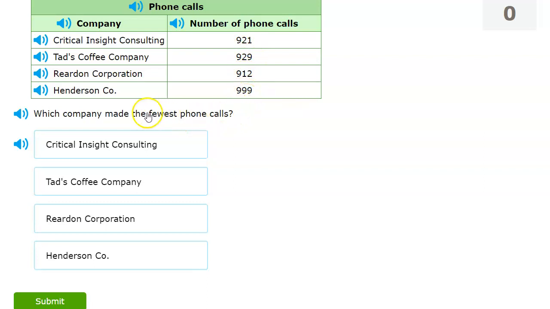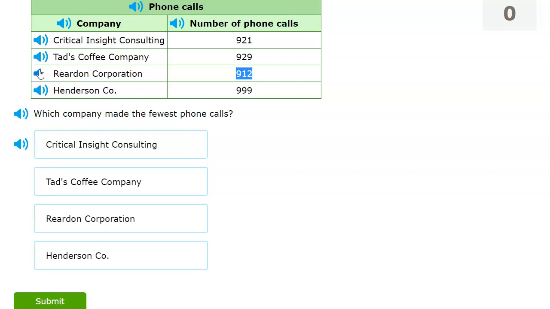We're looking for the fewest. So it has to be 912 because 1 is less than 9 and 2. Now, to find the answer to the question, we need to look over. And it may be a big word that you don't know, but there's always these little bubbles here that you can click.